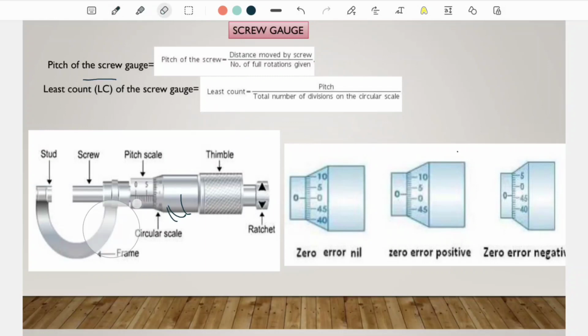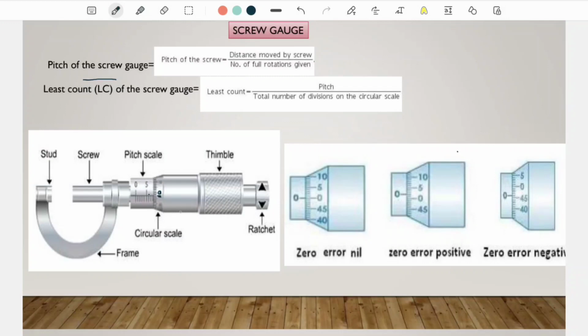And to understand how many times we rotated the circular scale, we can mark the 0 over here, or we can see which point on the circular scale coincides with the linear scale. This point, you can see the 0 is over here, it does not coincide with our linear scale, so we can mark a point over here.